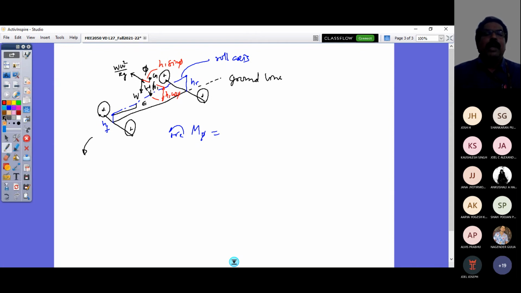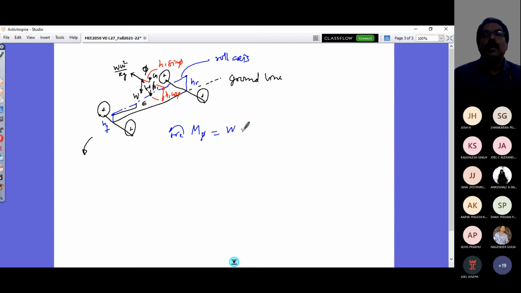So let me now write my equation: W into H1 sine phi, which is the moment by this H1 sine phi, plus W u squared by Rg into H1 cos phi.